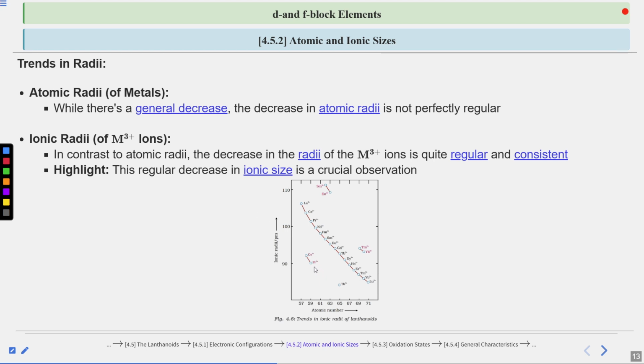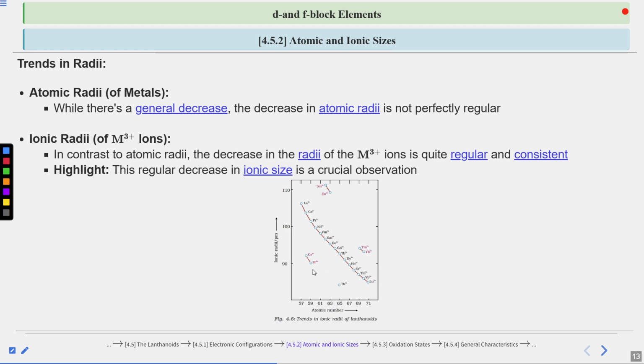How the ionic radii of them in the ionic form will change with the atomic number is shown by this. And here Tb in the +4, Tb means terbium in the +4, means it will lose its 6s2 2 electrons, and from 4f9, 2 electrons, so 4f7 it is going to attain half filled. So its ionic size will lie somewhere here as per its atomic number.